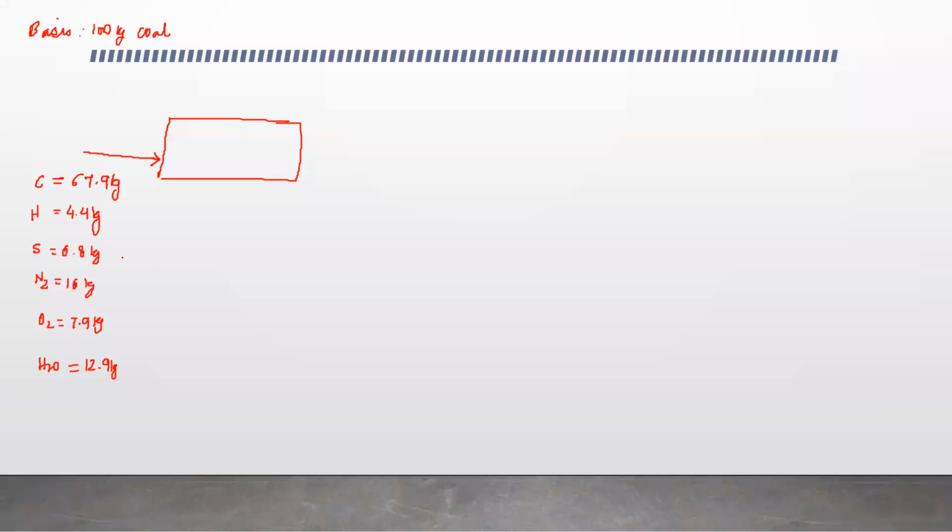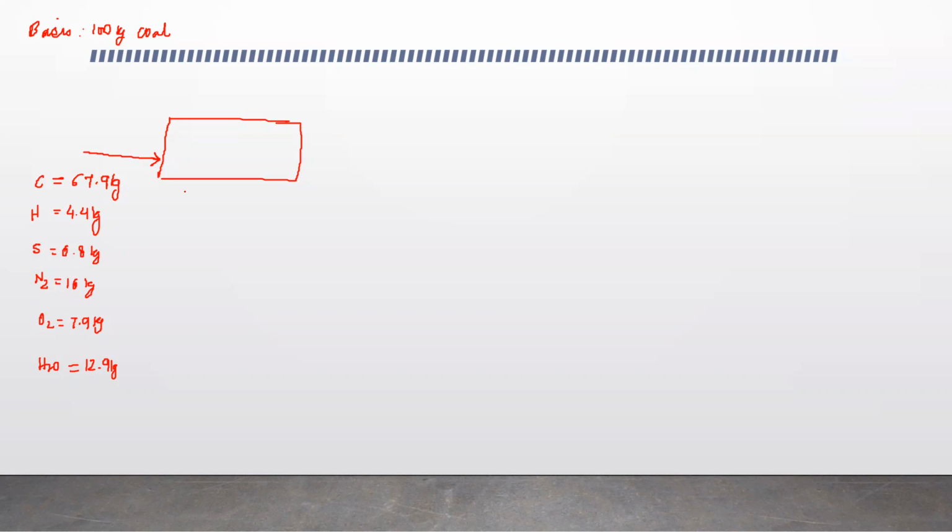So these are all the composition that was given about the coal. I have not mentioned ash here because we don't require ash as such for our calculations. So unnecessarily we will not fill our block diagram with values, right?